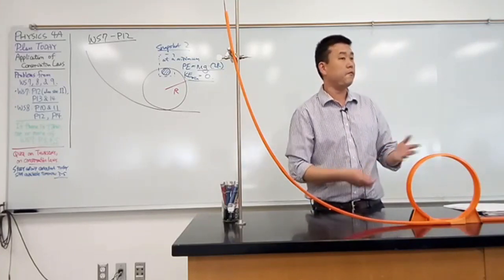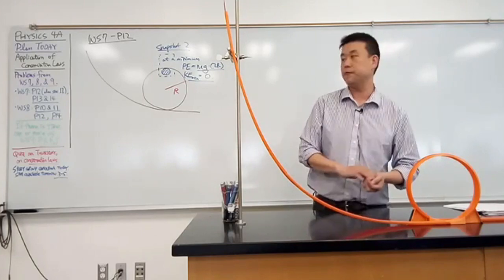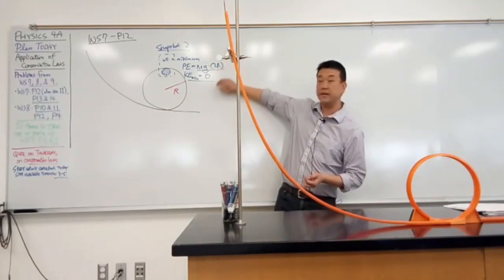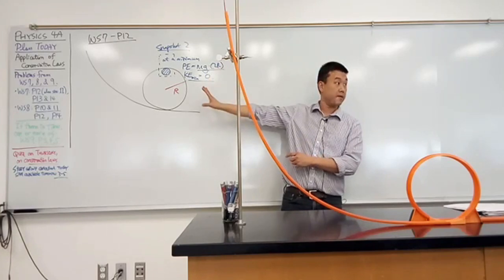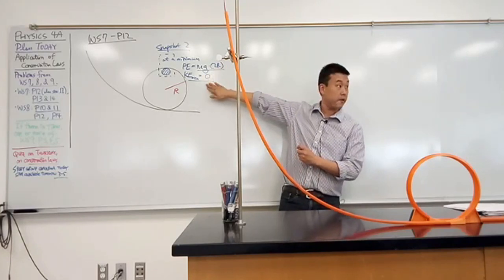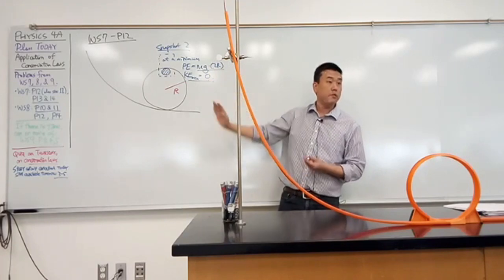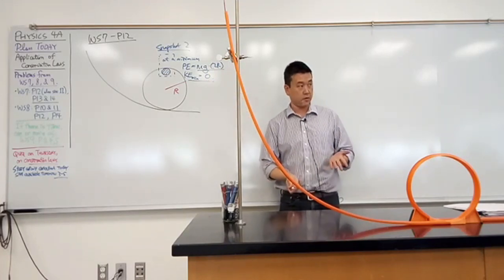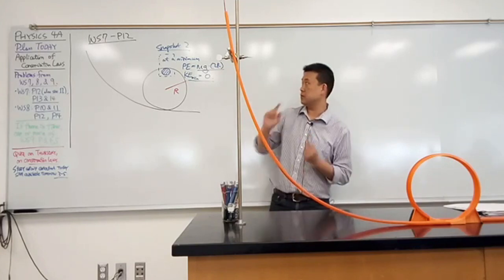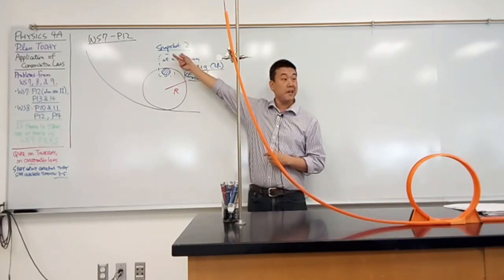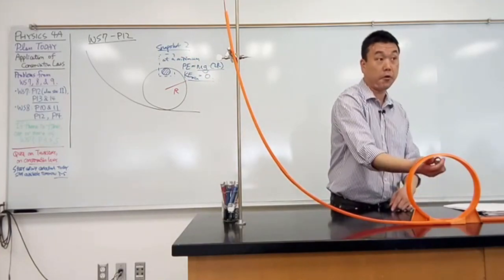So this is where your visualization skill is important, because it's really easy for you to simply write down this and think it's reasonable until you visualize what's going to happen starting from here, or what it takes to get to this position. This is one of the weaknesses of the conservation law strategy. Because it relies on snapshots, it doesn't really guarantee the processes which take you to this point.